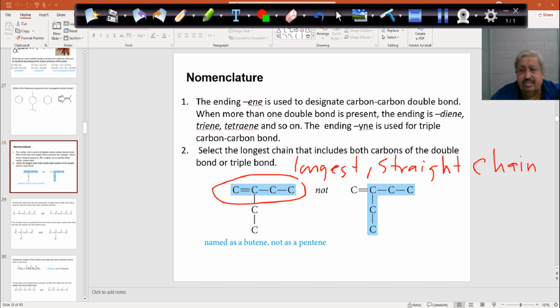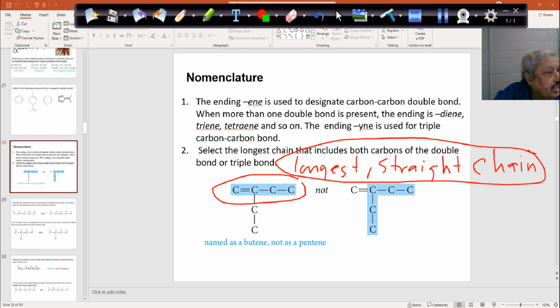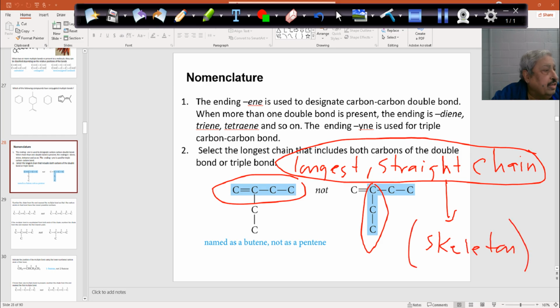That is the whole goal, to pinpoint where the longest chain is, but straight chain. We are not looking for a branch chain. That's not the case. Always this makes the skeleton of the organic structure.